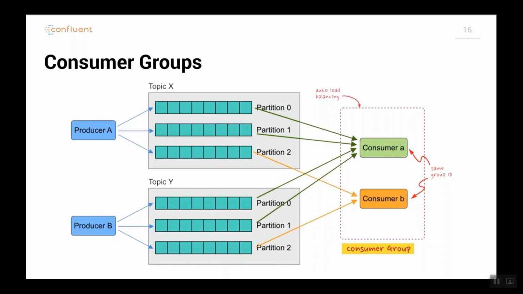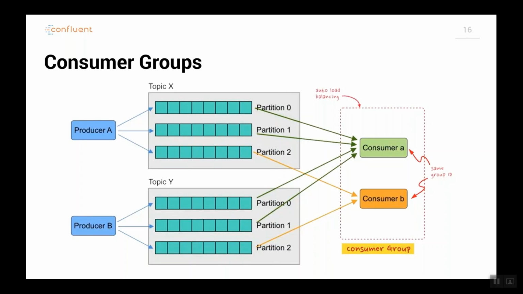Because think of a consumer group as being a single application, right? An order validator or a payment processor or a fulfillment system that's processing our orders from our topic. All the consumers in that group are performing one function, executing the same code, right?